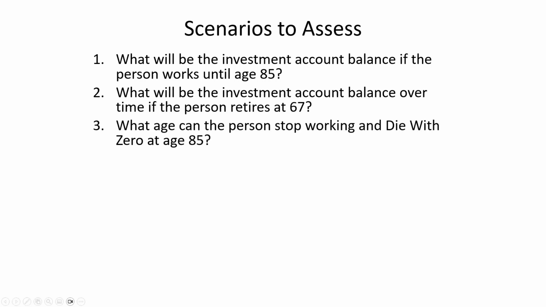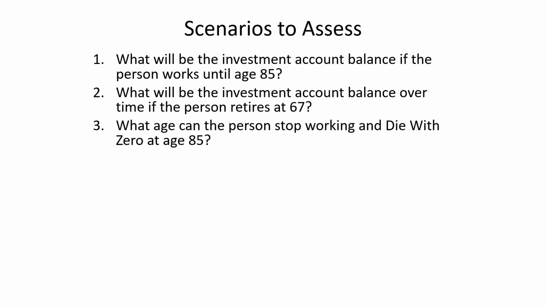The third scenario is, if you wanted to die with zero at age 85, at what age could this person stop working? If they stopped working at 60, for example, what does that mean by the time you get to 85? Have they run out of money?